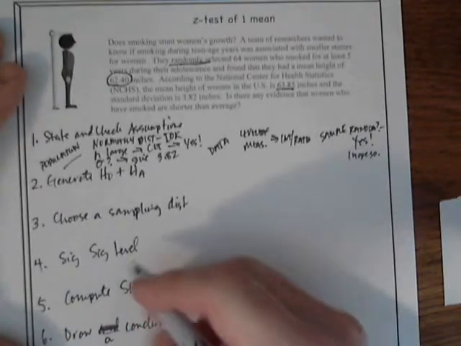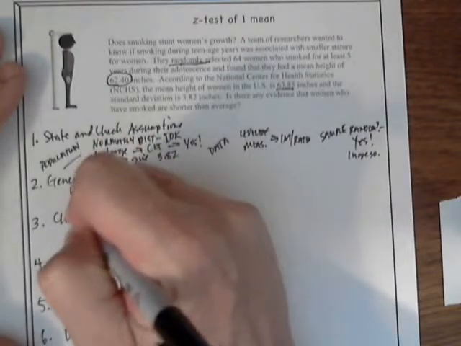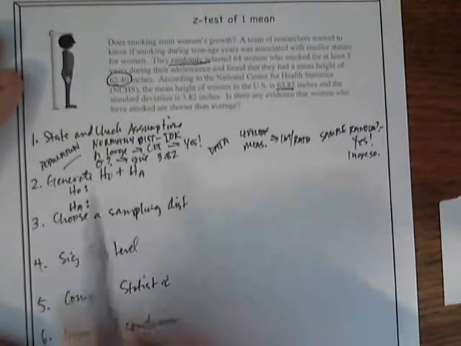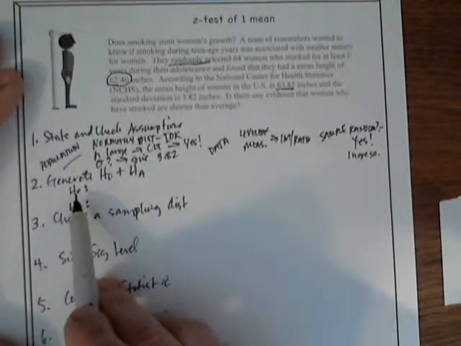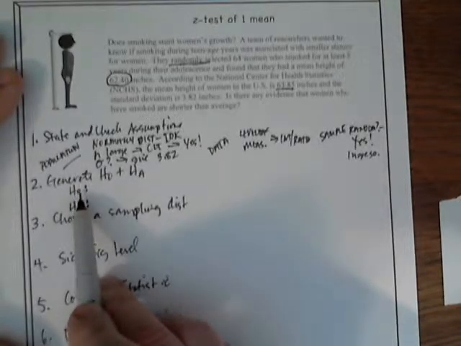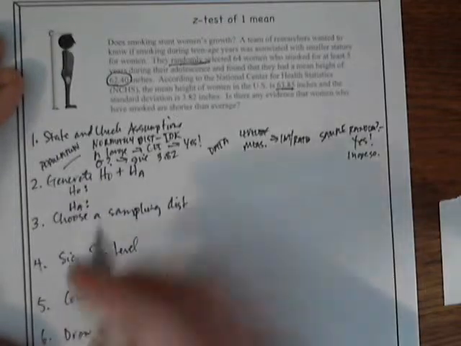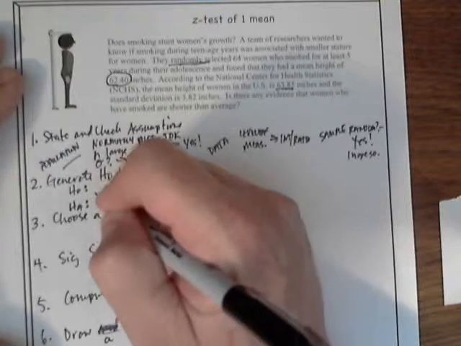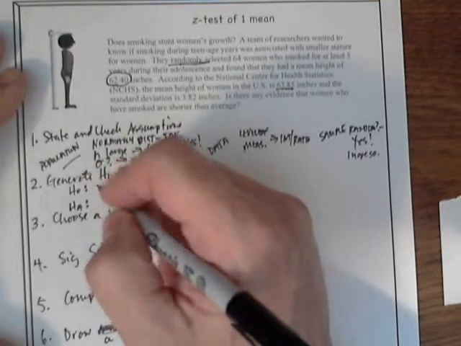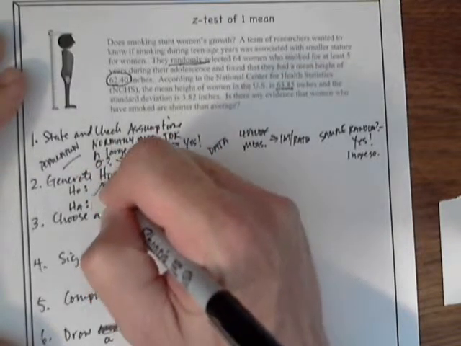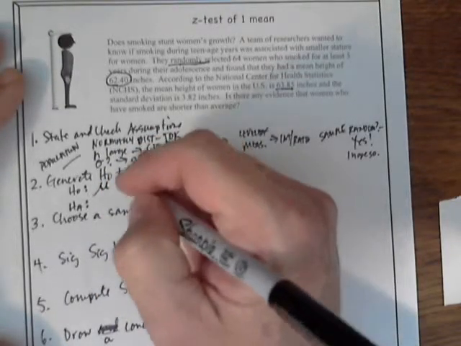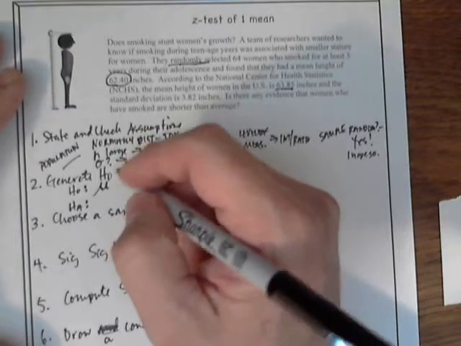Okay, our null and alternative hypothesis. I'm just going to state them like this: H0 colon, HA colon. A property of the H0 is that it's very specific. It's about a population parameter. It's no change, no difference, no effect. It's about the mean. In most cases, we're going to be interested in where the scores tend to be. So what we're saying is the mean of women's heights who smoke is not different. It doesn't change. There's no effect of smoking.